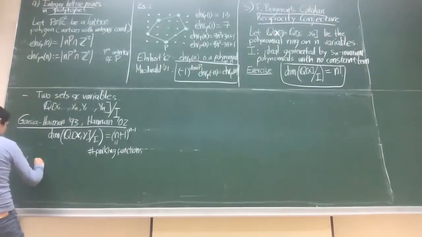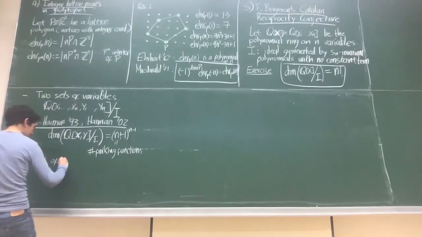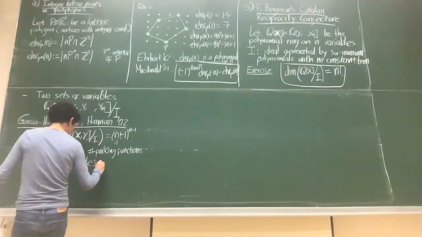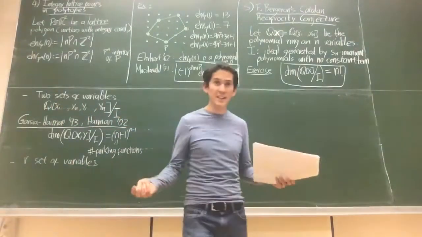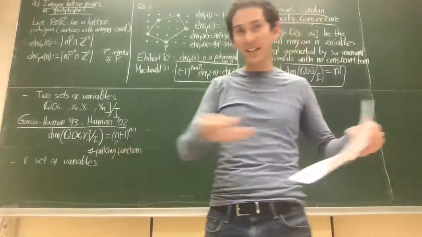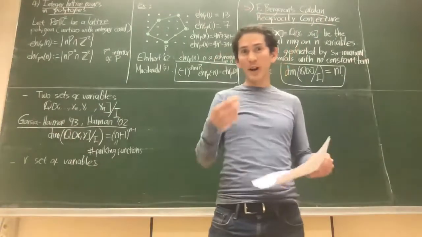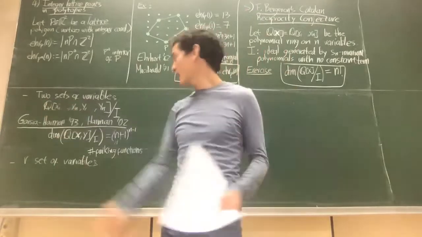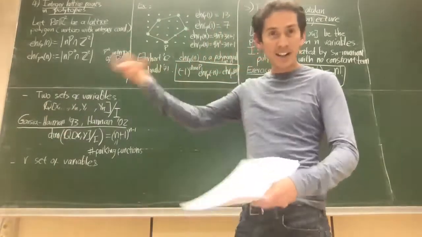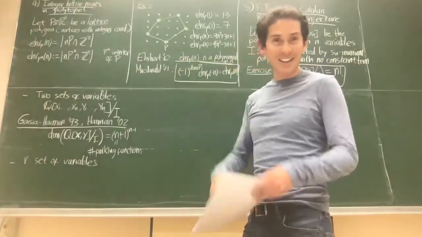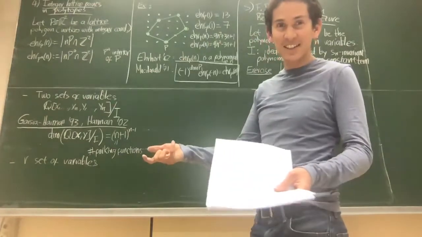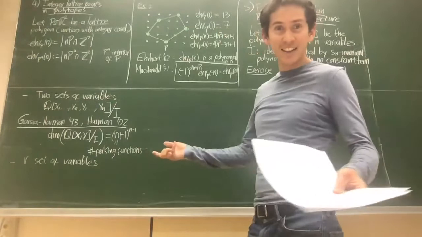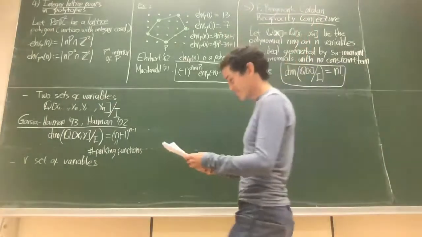Now, if you consider R sets of variables, you do exactly the same. You bring up polynomials in R sets of variables. The symmetric group acts on these polynomials by changing the indices in each set at the same time. You quotient by the ideal, and then you get some finite dimensional space, and the dimension is a polynomial.